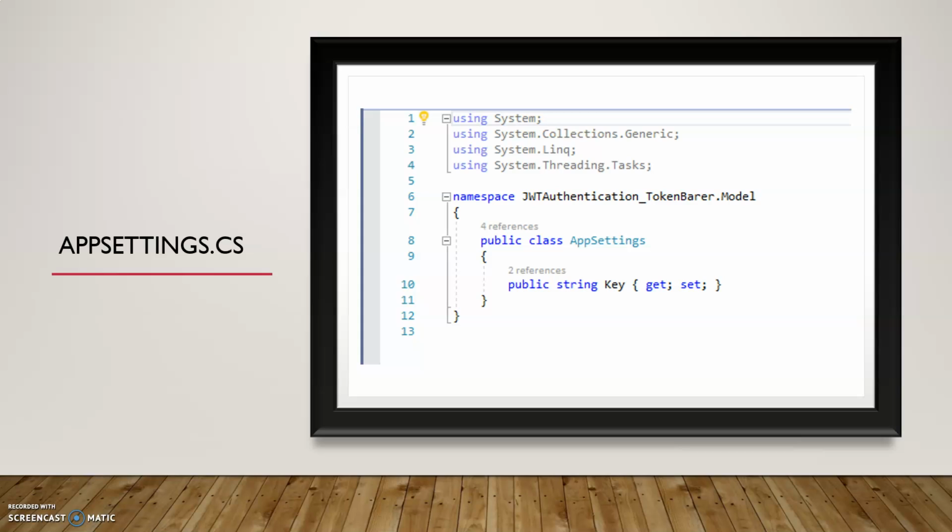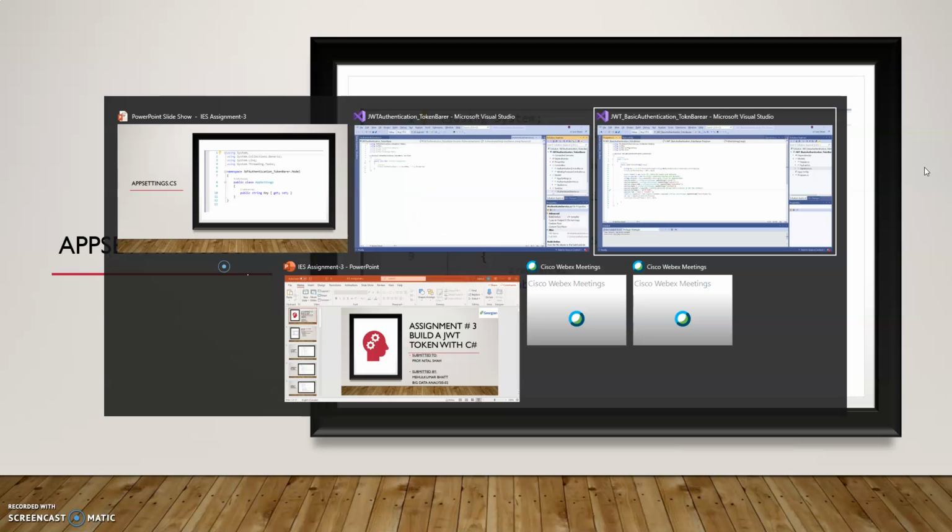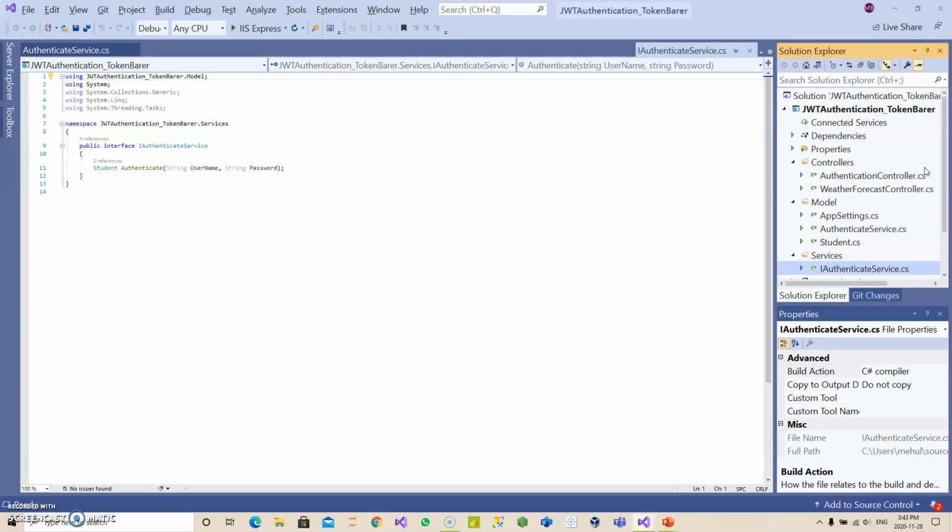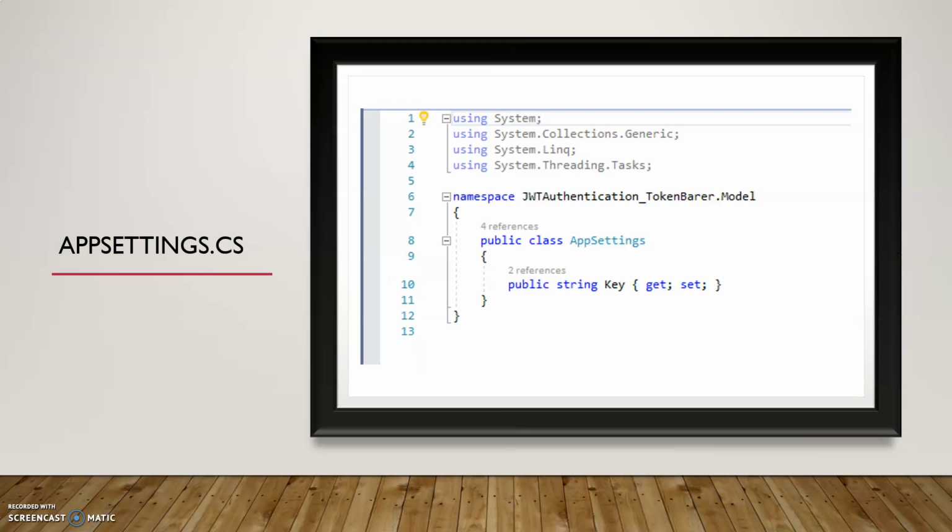Next I use the IAuthenticateService class in the Services folder, which is shown here. It reflects Student Authenticate with string username as well as string password. But first I define the Student.cs code, which is shown here.